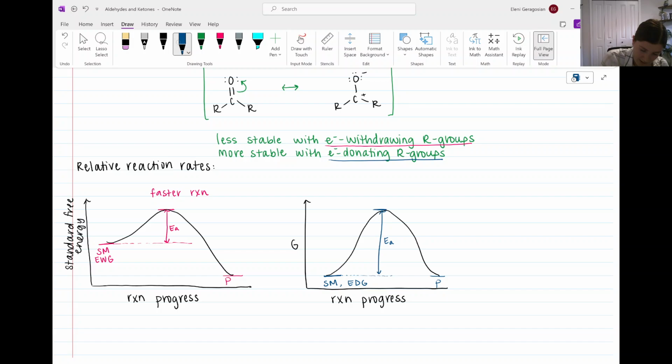So the difference, let's use this right here. This difference between starting material energy, I'll use another color, here's a note.